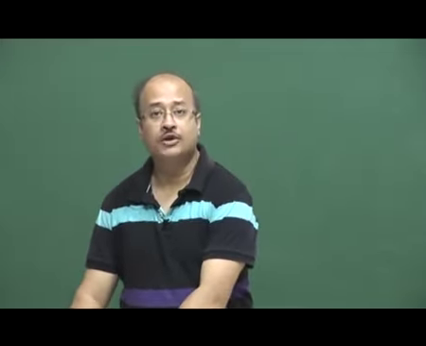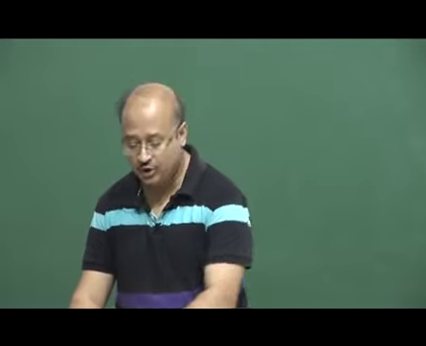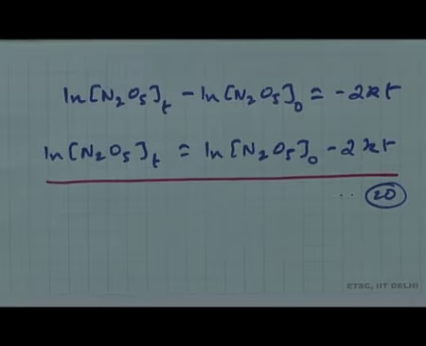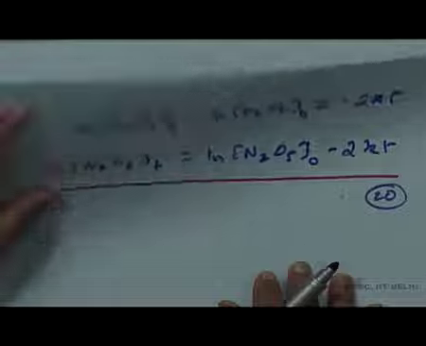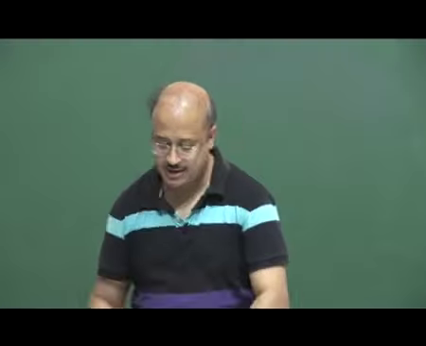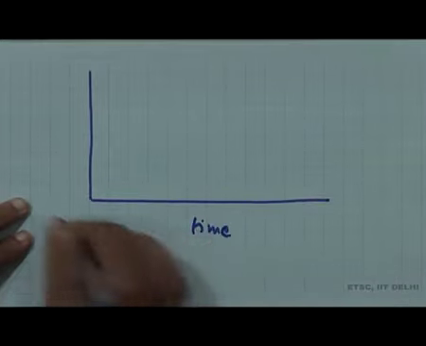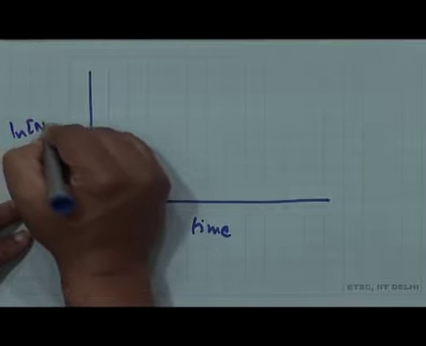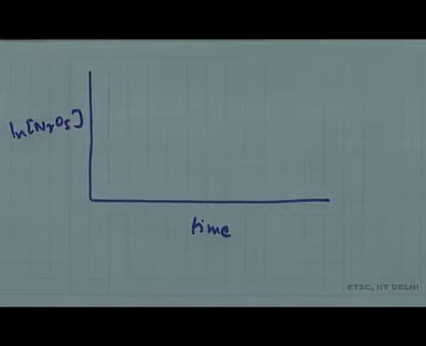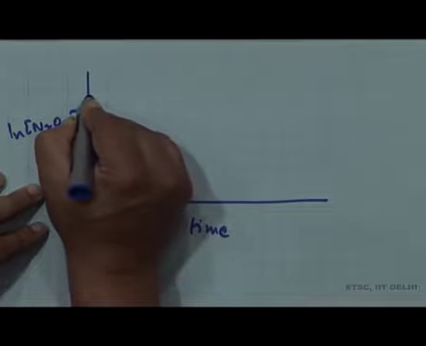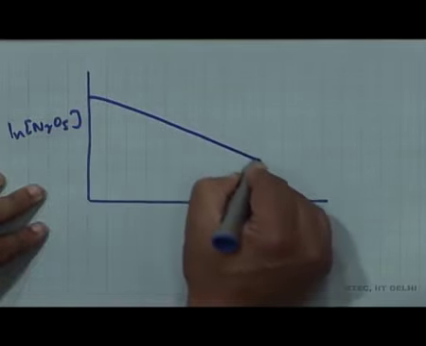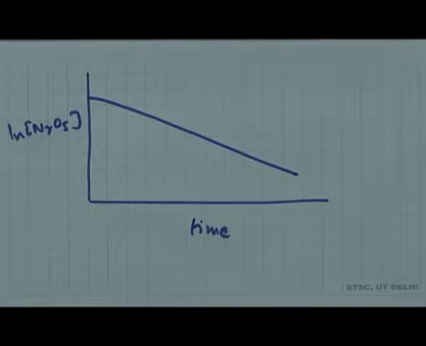How do I take that into consideration? Well, I know that this 2 is coming into the picture, so now I just keep track of it. If I have a plot of time against ln N2O5, when I plot this, what I will get is again a straight line.